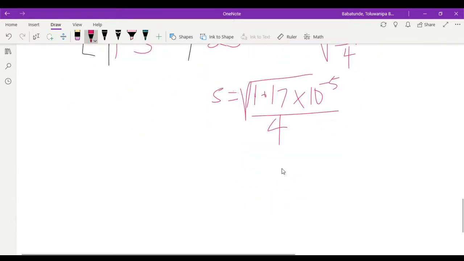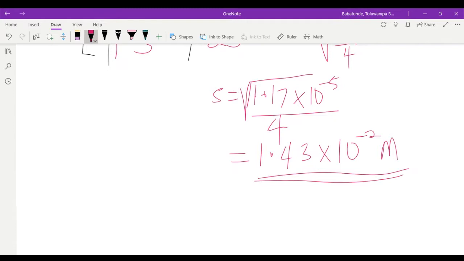When we plug this into our calculator, it's going to give us 1.43 times 10 to the negative 2 molar. So that is going to be the solubility of our lead(II) chloride.